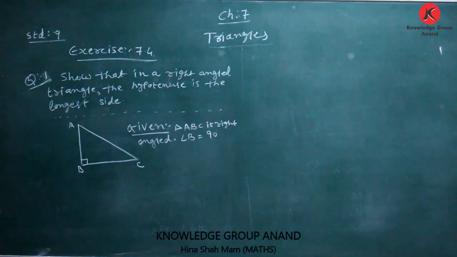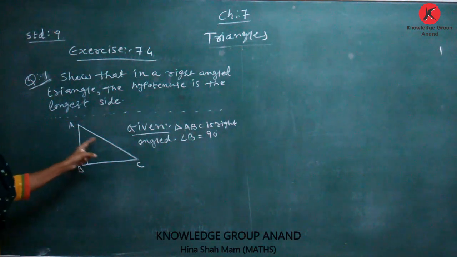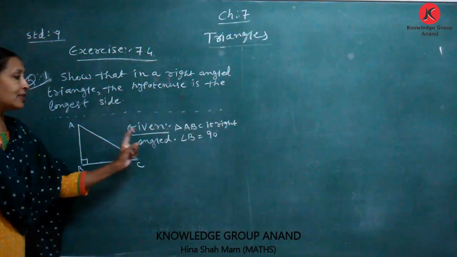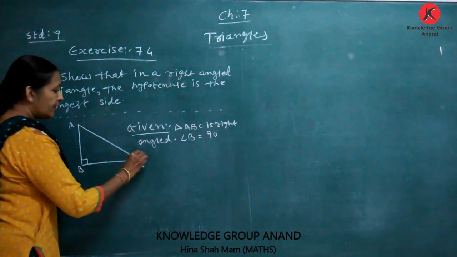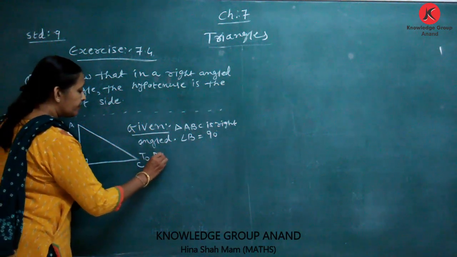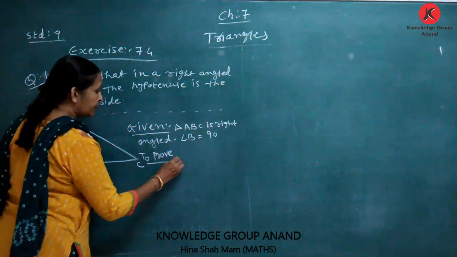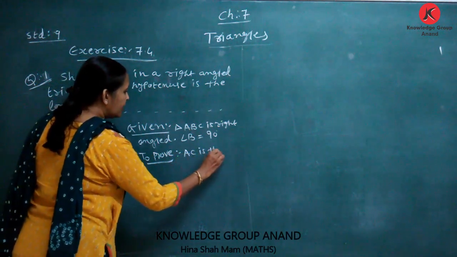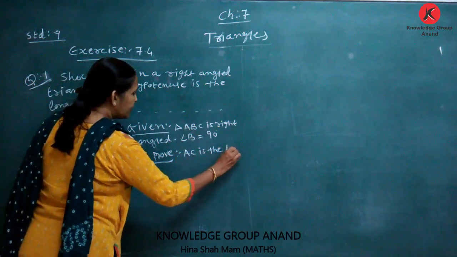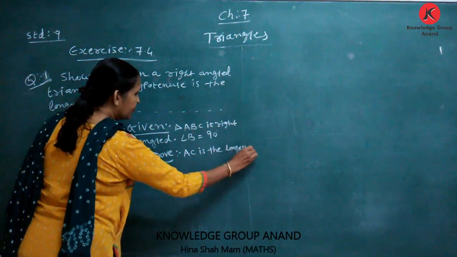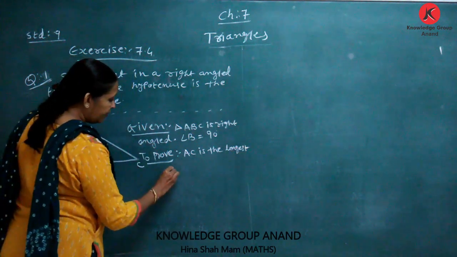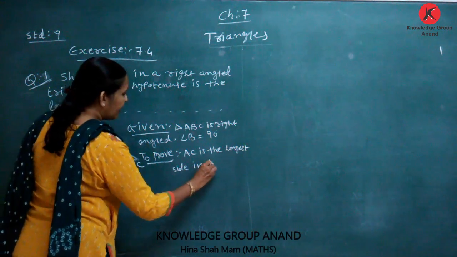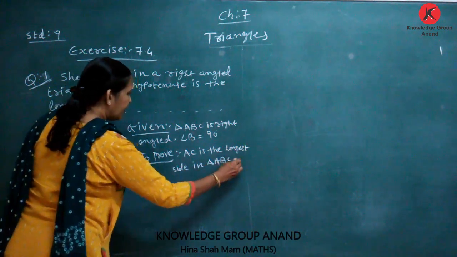The hypotenuse is the longest side, which is hypotenuse AC. To prove: AC is the longest side in triangle ABC.